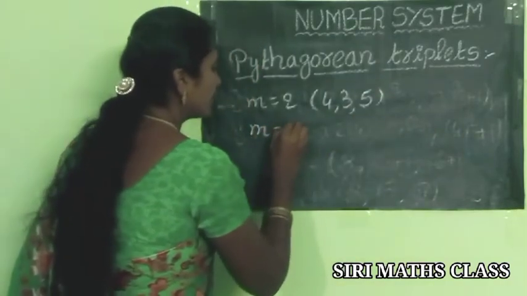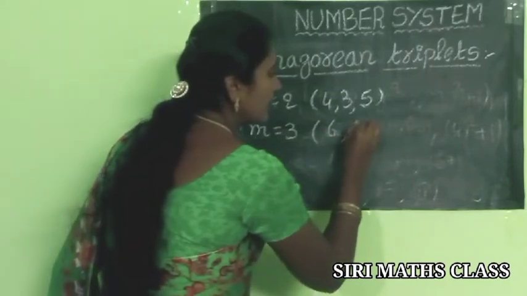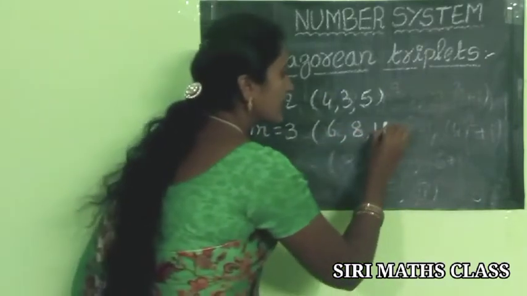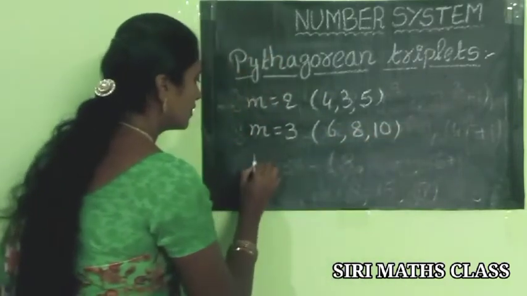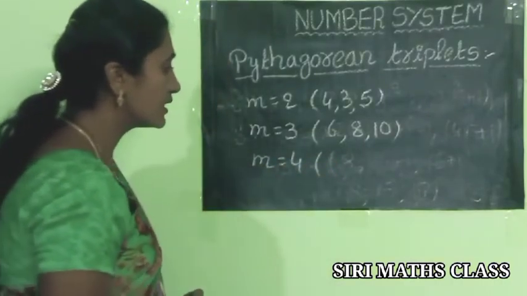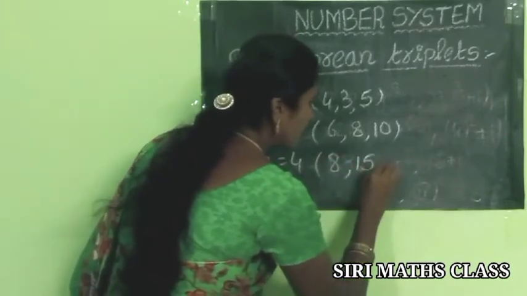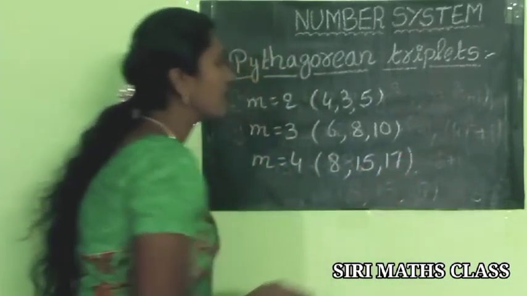And m value equal to 3, what value do we get? 6, 8, 10. And m equal to 4, what do we get as the answer? 8, 15, 17.